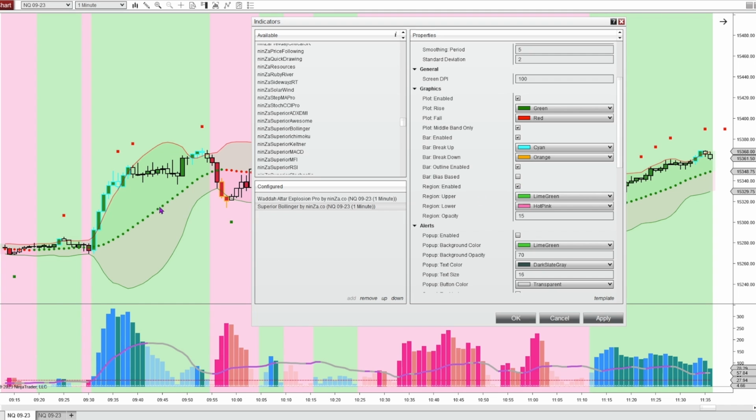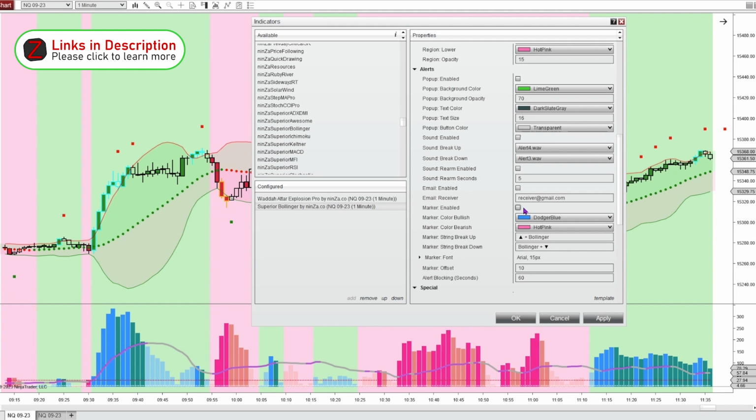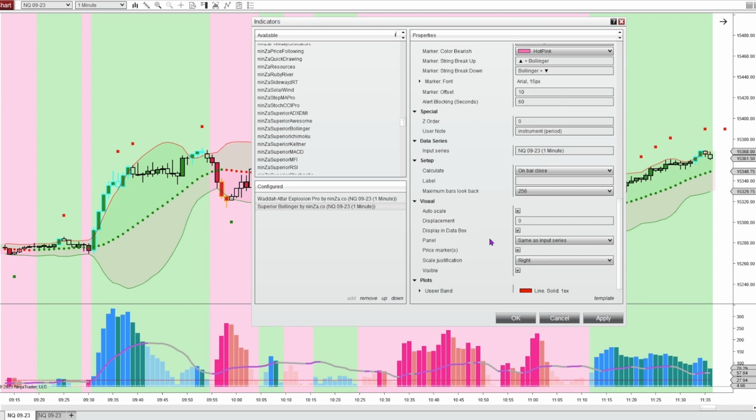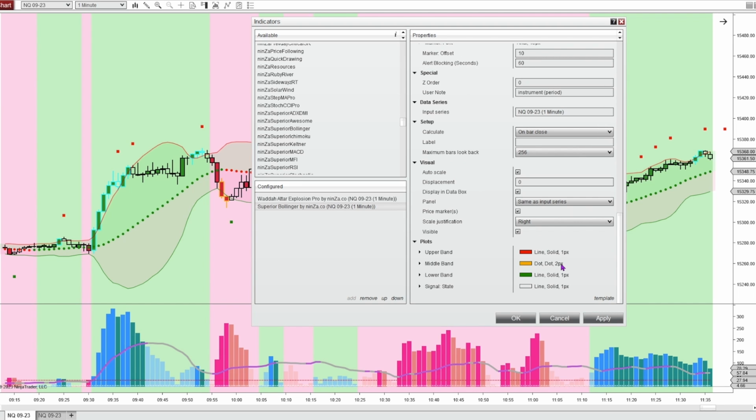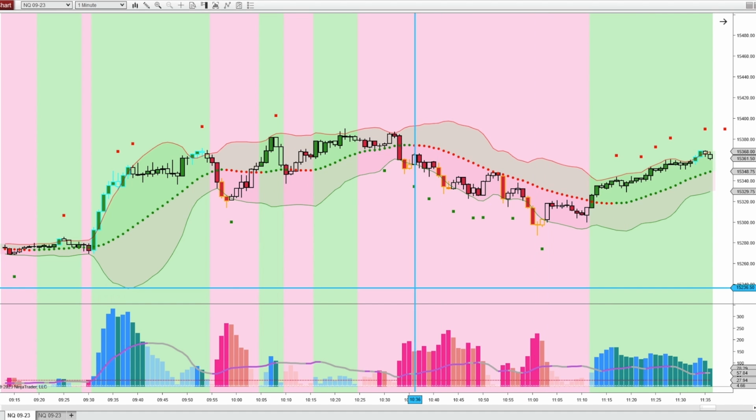The region enabled, that's this area that's painted in between the Bollinger bands. Just helps you visualize the area where the Bollinger bands is a little bit better. Lime green and hot pink. I've disabled the marker. It's not printing any markers at all. For the middle band, I've got a 2 pixel dot, and the top and bottom bands are just 1 pixel. So those are all the settings.